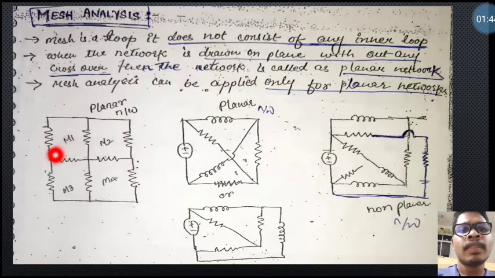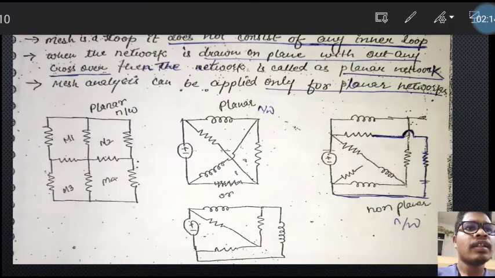But here the first sidewise connection, this big rectangle, is also another loop, and this rectangle is also another loop. Now, when the network is drawn in a plane without any crossover, see, in this loop there is a crossover.